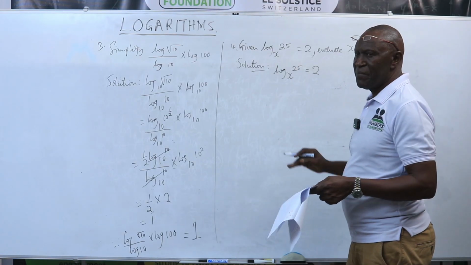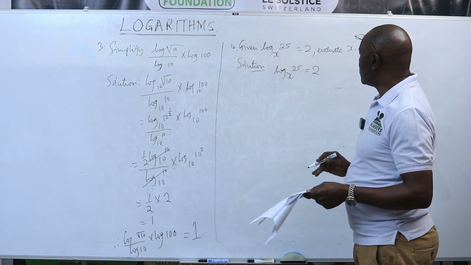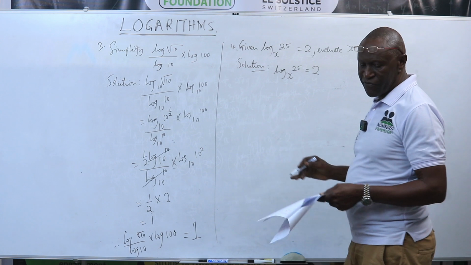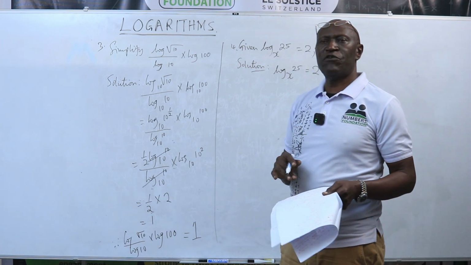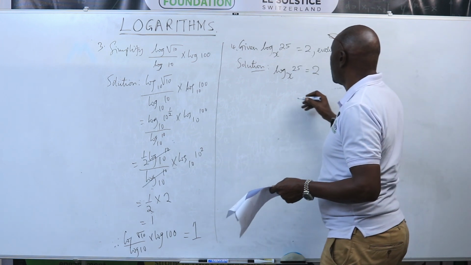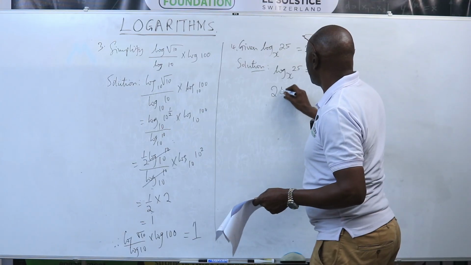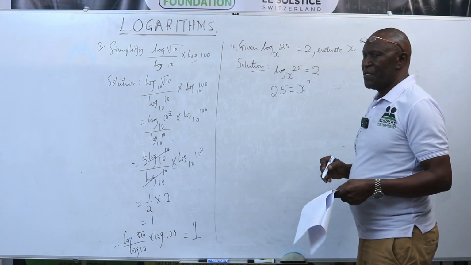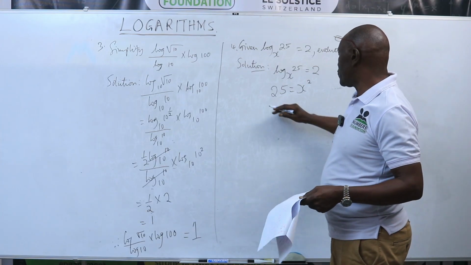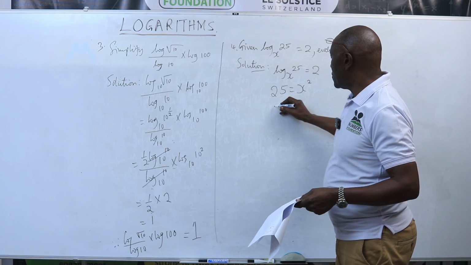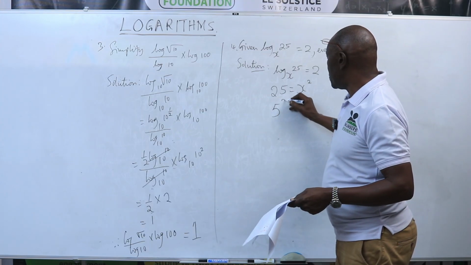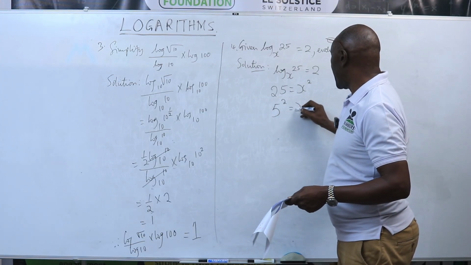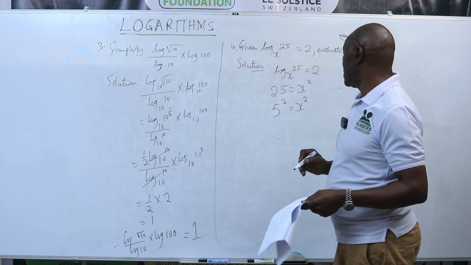X is the base. We have to change this equation from logarithmic form into exponential form as follows. 25 equals x squared. And then we can rewrite 25 as 5 exponent 2 is equal to x squared.